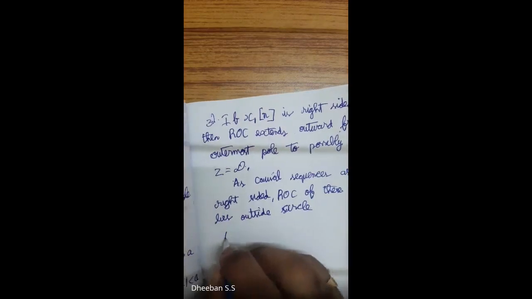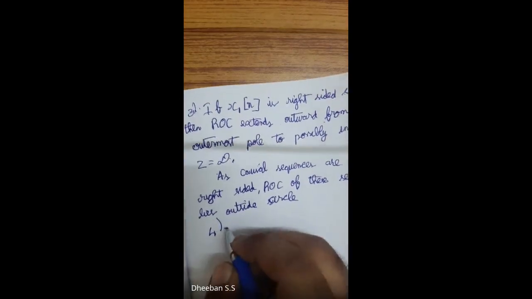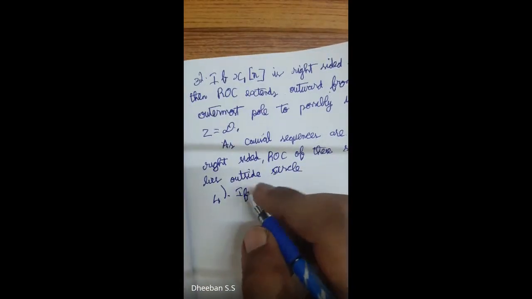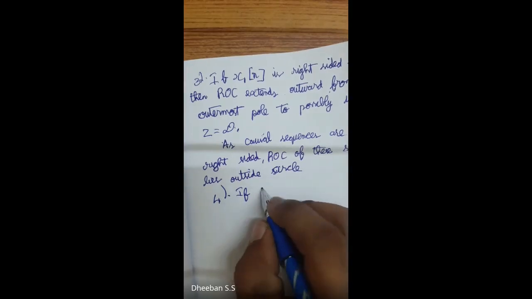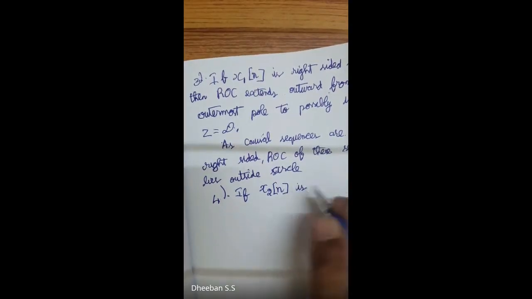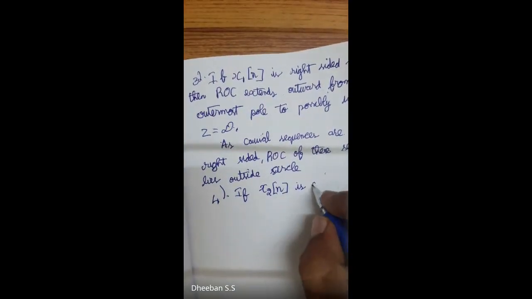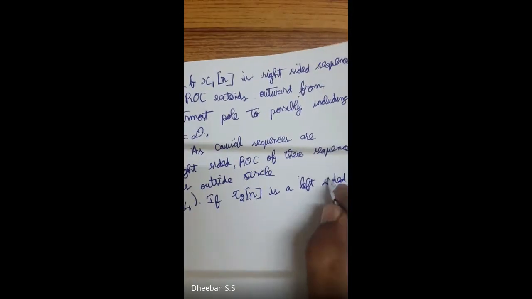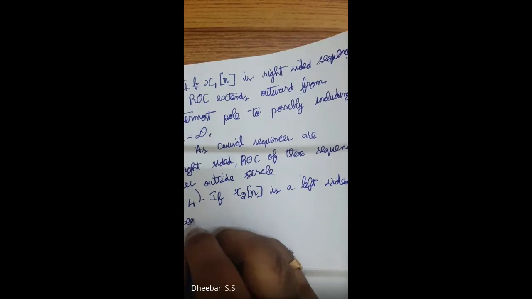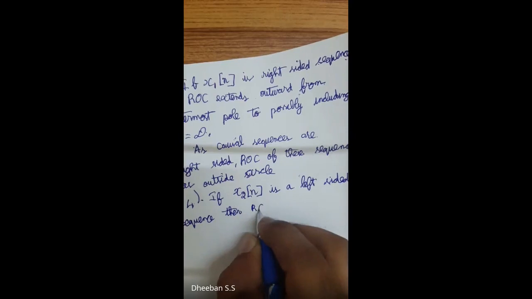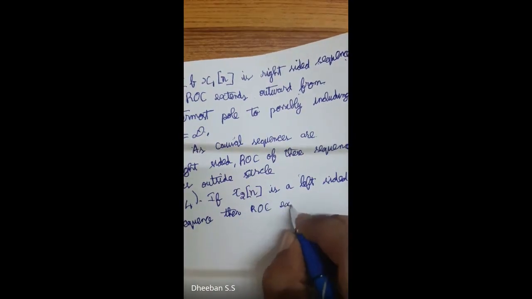So the fourth point is, if x2 of n is a left-sided sequence, then the ROC extends inward.